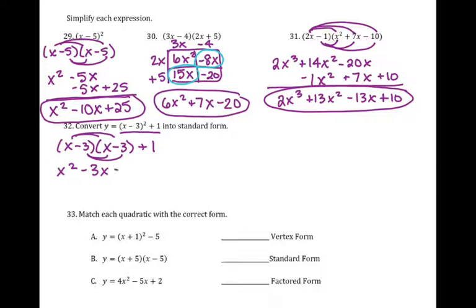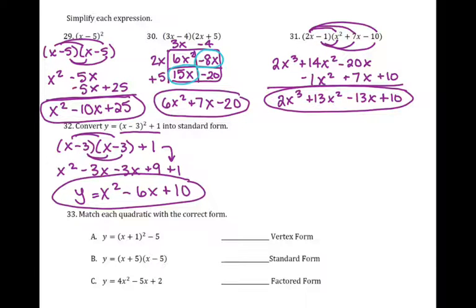Negative 3 times x is negative 3x. Negative 3 times negative 3 is positive 9. And I can just bring down that plus 1 and combine your like terms. So I have x squared minus 6x plus 10. And that equals y, since we want it in standard form.